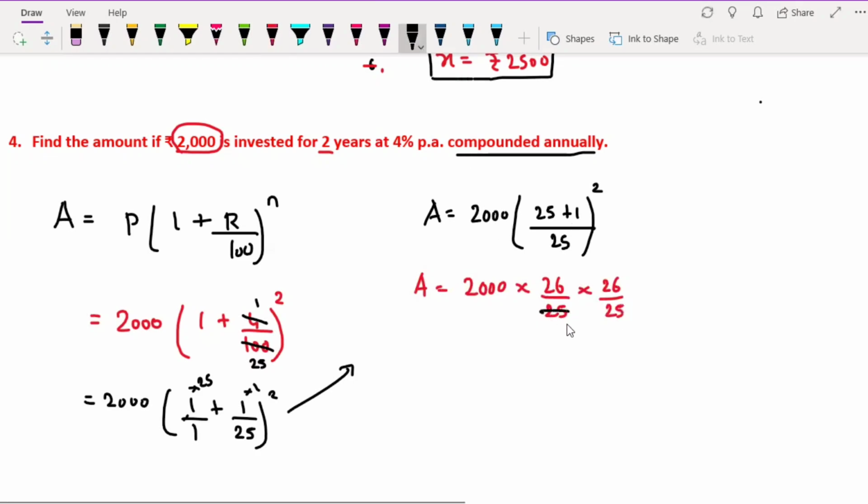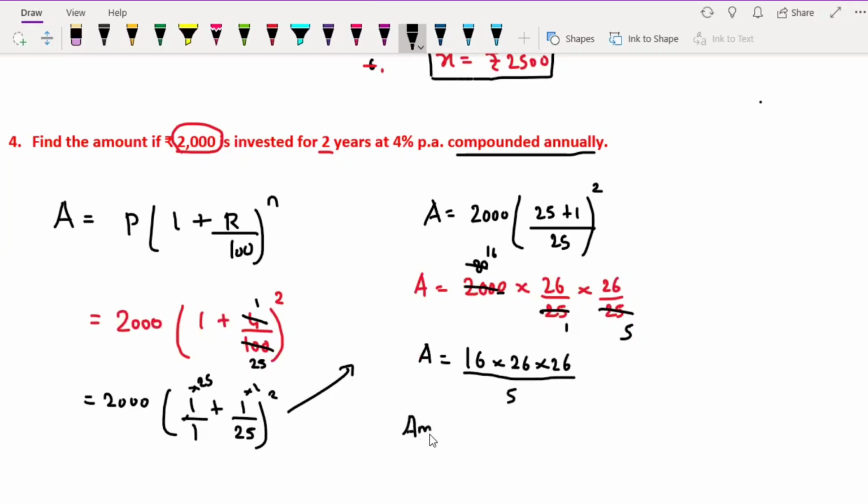So 25 eights are 200, this 0 as it is. 5 fives are 25 and 5 16s are 80. So what is remaining with us? That is amount is equal to 16 into 26 into 26, and in the denominator just 5.